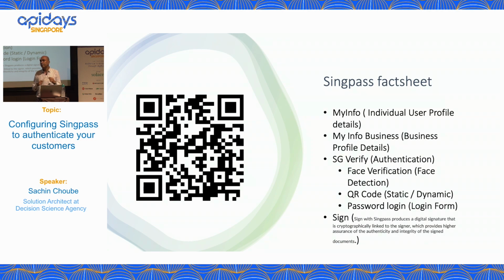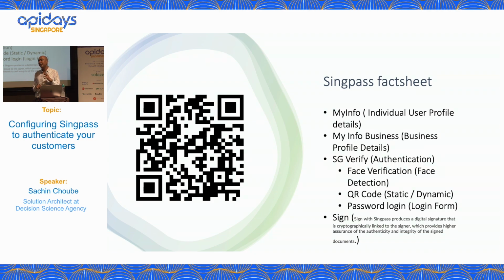SingPass gives you three options. First is face recognition. If you have a scenario where an individual will come in front of you, or is physically visiting, then you should use face recognition. Second, if it is on a digital platform, on mobile, laptop, tablet, smartwatch, I don't know right now, but in future if smartwatch comes in, you can use QR code.